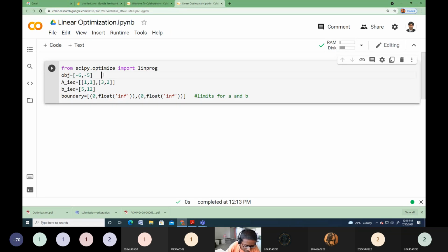Similarly, you can write a comment line here as well: objective function matrix, inequality constraints coefficient matrix, and inequality constraints constant matrix. These are just comment lines to make it understandable what is happening in each line.